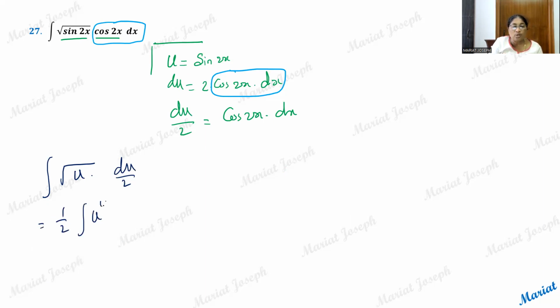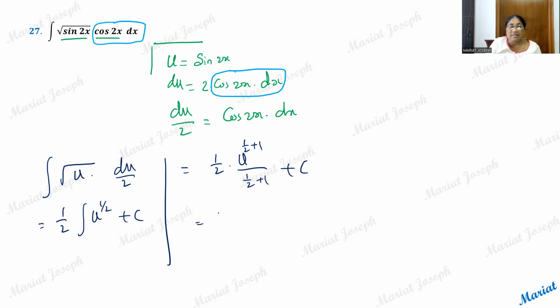Integral of u raised to the power half plus c, that is equal to half into u raised to the power half means integral will be half plus 1. U raised to the power half plus 1 upon half plus 1 plus c. That is half of u raised to the power 3 by 2 upon 3 by 2 plus c.